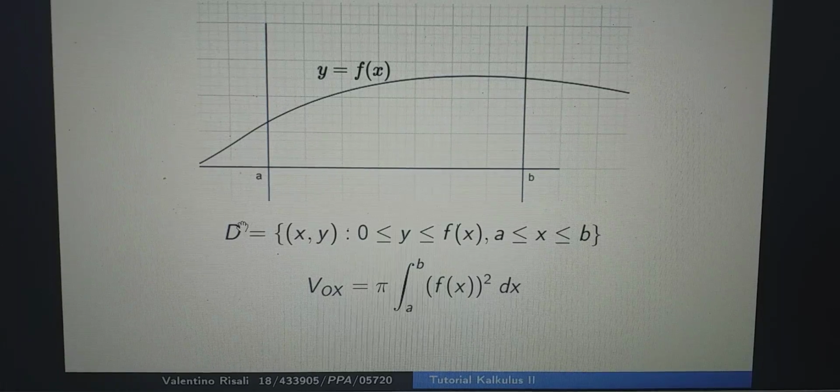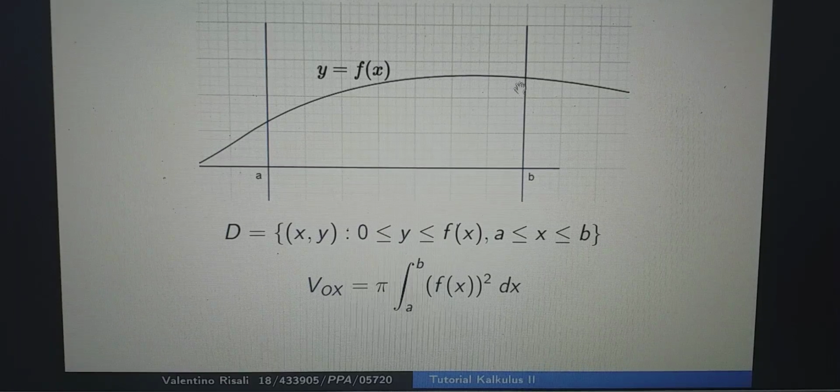We can write D with this notation: all pairs of x and y where x is between a and b and y is between 0 and f(x). Okay, we will use an integral to find the volume of the solid generated by revolving this region D about the x-axis.